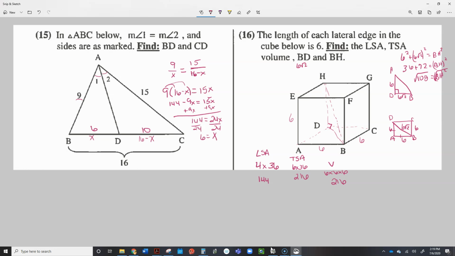So I'm going to see if I can simplify it. And it does simplify as 6 square roots of 3 is equal to BH. So BH is 6 square roots of 3.